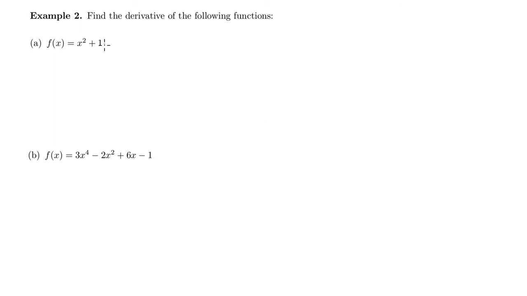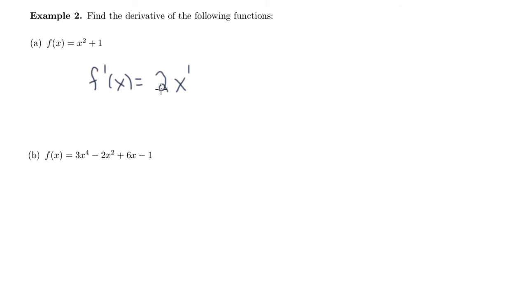So let's look at the first function. What is f prime of x? Well, this is a sum of two functions, so I can just take the derivative of x squared first. That's just an application of the power rule. The power rule says for the derivative of x squared, I bring down the power 2, and then I take 1 away from the power.